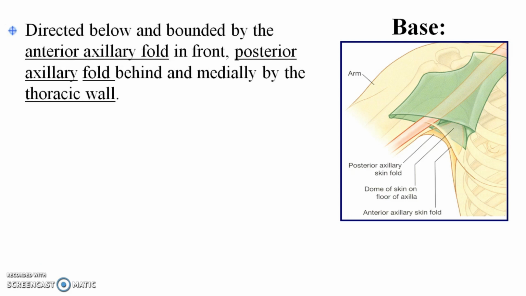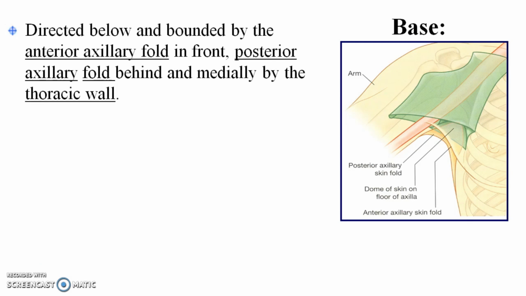Before going into the boundaries of the base, you have to know it is directed below. It is bounded anteriorly by the anterior axillary fold, posteriorly by the posterior axillary fold, and medially by the thoracic wall. That's all about the boundaries of the base of the axilla.